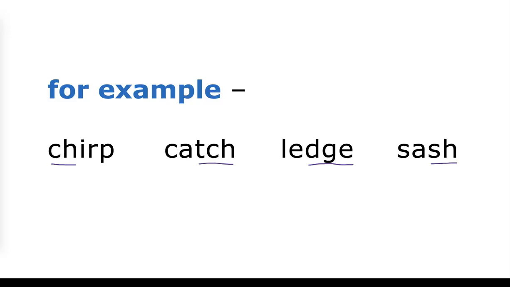Sash, we underline SH because it makes one sound. And notice these were all closed syllables where the vowel sound is short. And ledge is a little strange to look at because it has DGE, but remember, since it's a trigraph, it basically is a closed syllable.